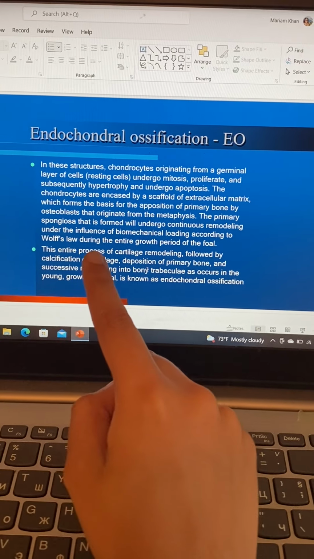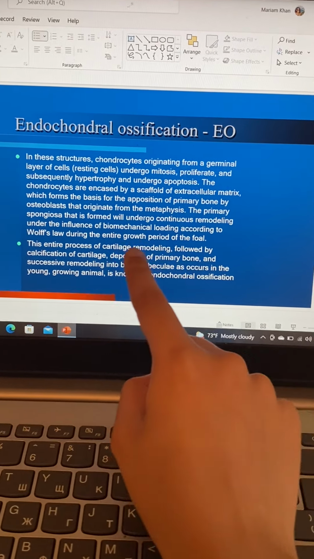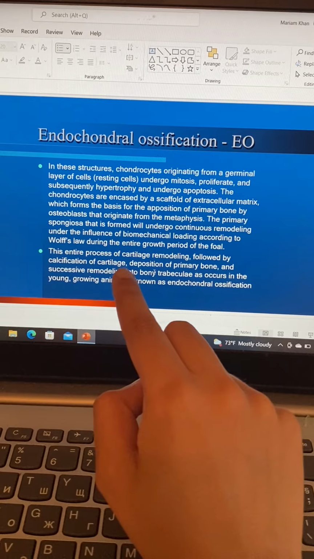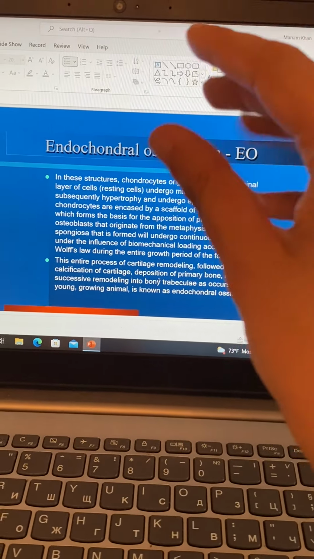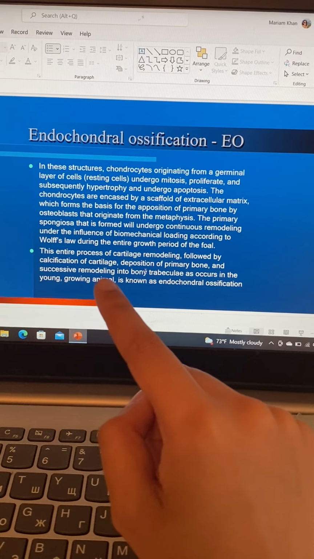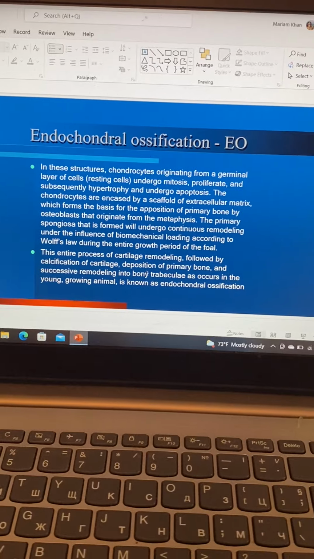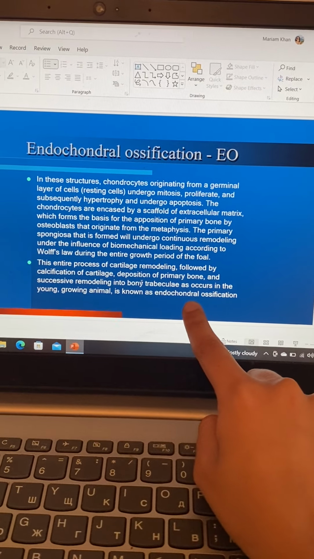And it's according to Wolff's law during the entire growth period of the foal. This entire process of cartilage remodeling is then followed by calcification of cartilage. So the cartilage is kind of changing in shape. It then becomes calcified into bone. You get deposition of primary bone and successive remodeling into bony trabeculae, and it occurs in young growing animals. This process is known as endochondral ossification.